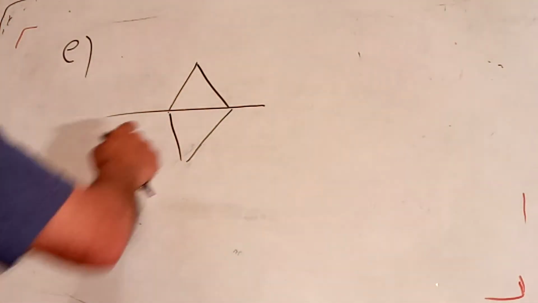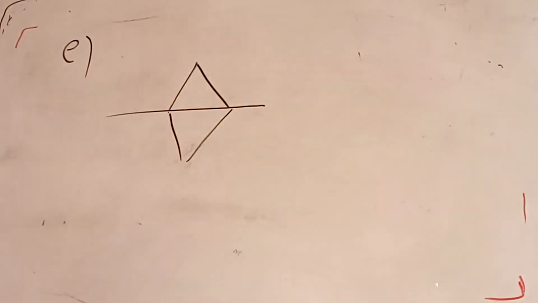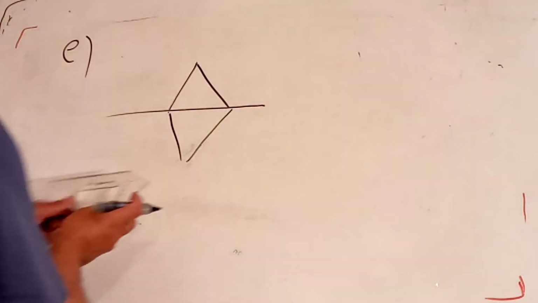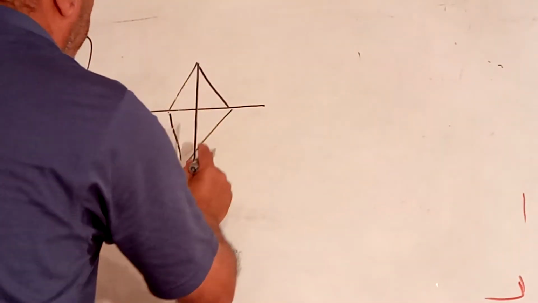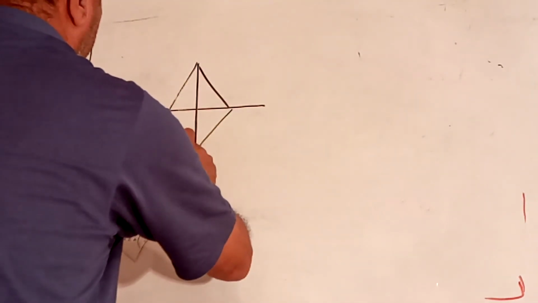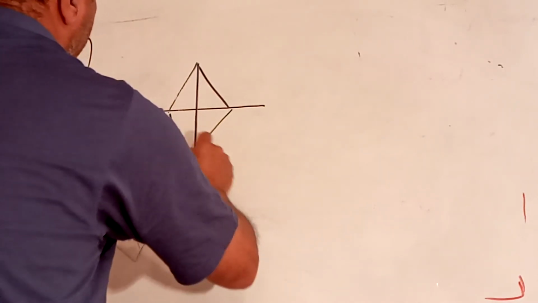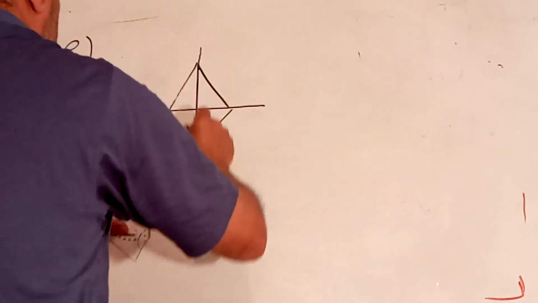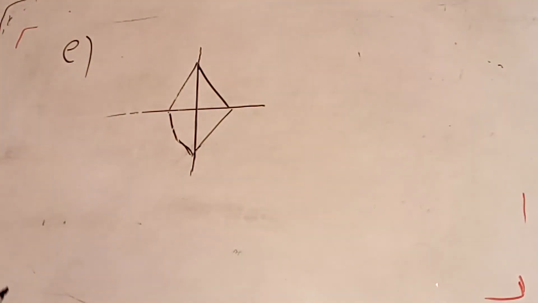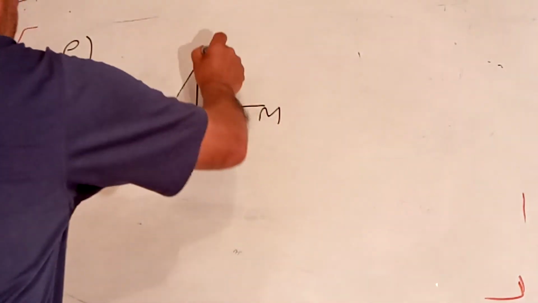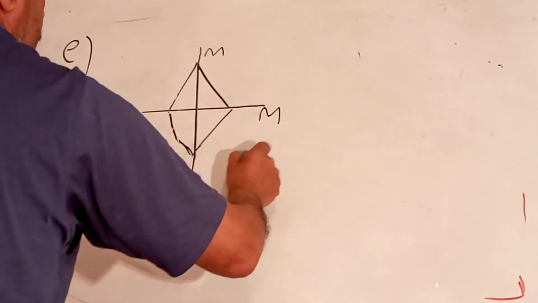This will give us this side and this side are the same. And this one is a line of symmetry too. These I think are the only ones that could reflect each other. So we have this mirror and this mirror here. So lines of symmetry are 2.